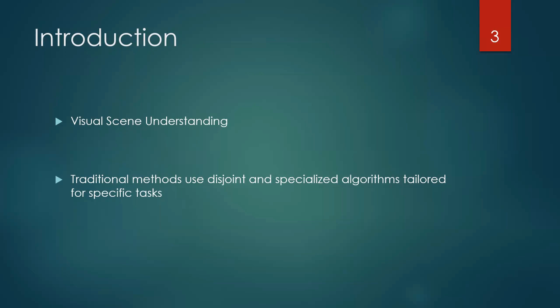However, we believe that this is a bit different because this is more of an umbrella, and all algorithms that extract information from the visual scene can be seen as being part of visual scene understanding. So we see visual scene understanding as a fundamental task that aims to extract meaningful information from visual data.